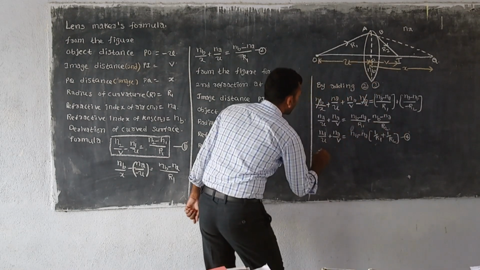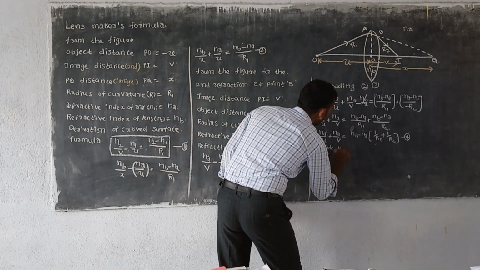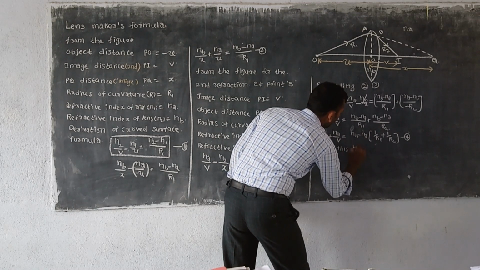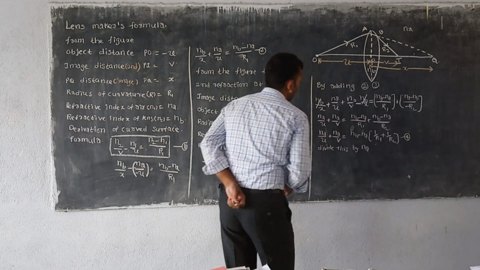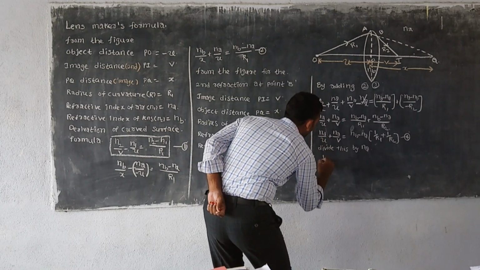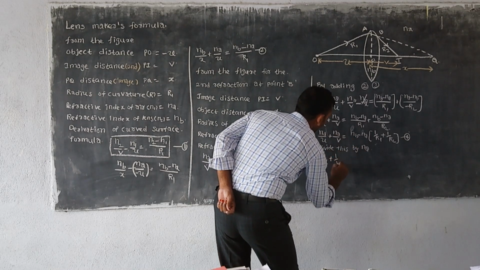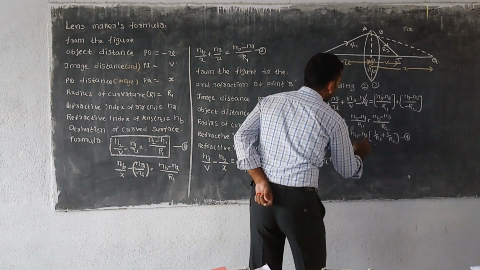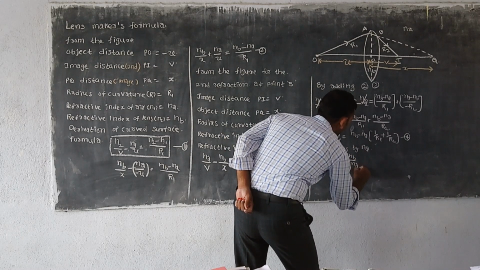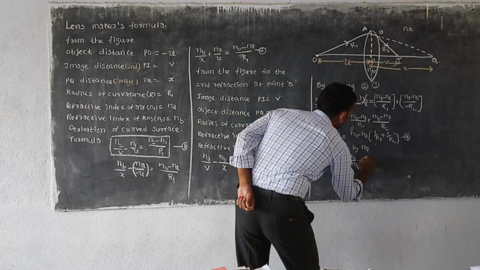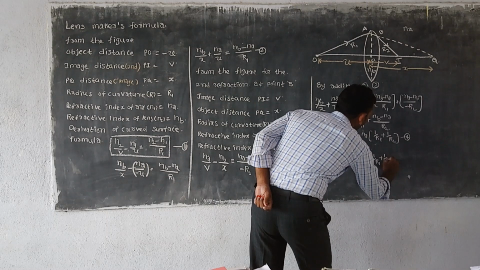Divide this equation by NA. NA cancels, we get 1 by U plus 1 by V equals NB by NA minus 1, into 1 by R1 plus 1 by R2.